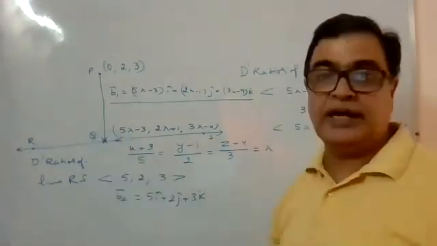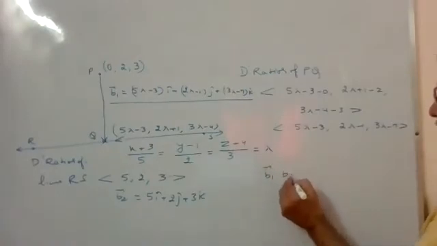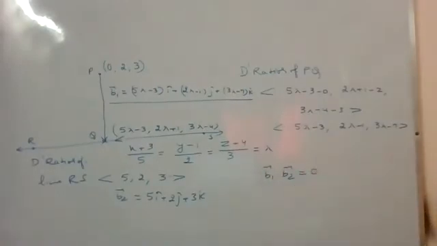And as these two lines are perpendicular, v1 dot v2 comes out to be 0.